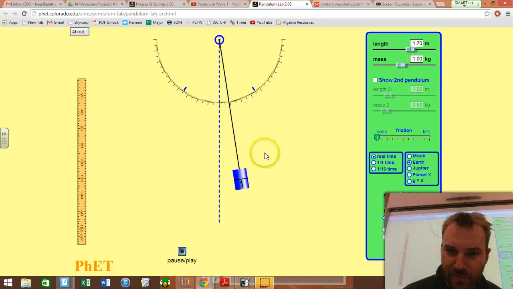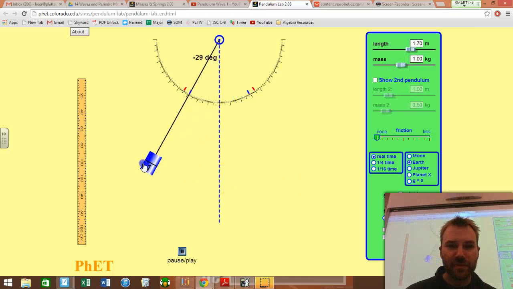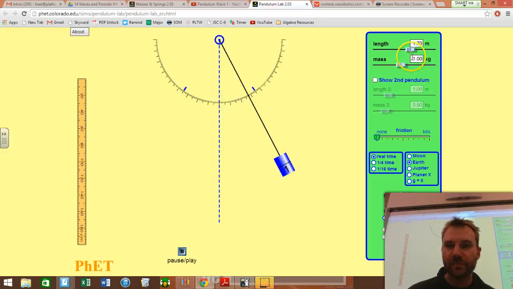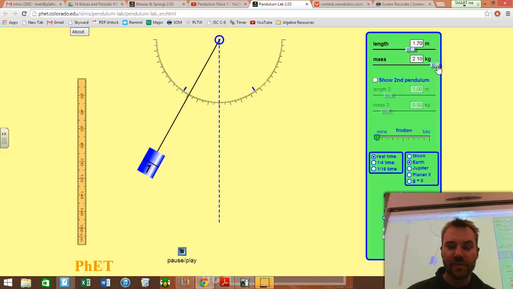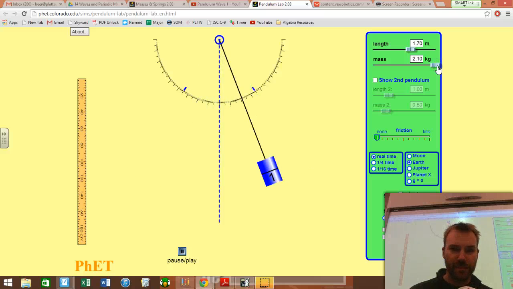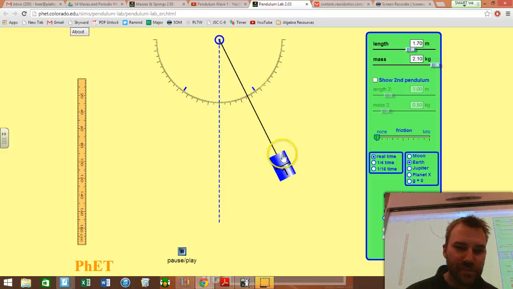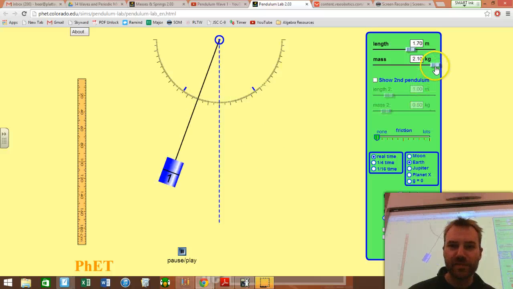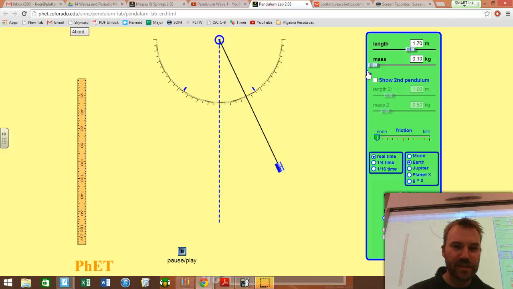I'm going to increase the mass, and I want you to watch what happens. I'll increase the mass from 1 kilogram to 2 kilograms. And you'll notice that the period of this pendulum swinging doesn't change. Going back and forth, I make it lighter. It doesn't swing any faster or slower.